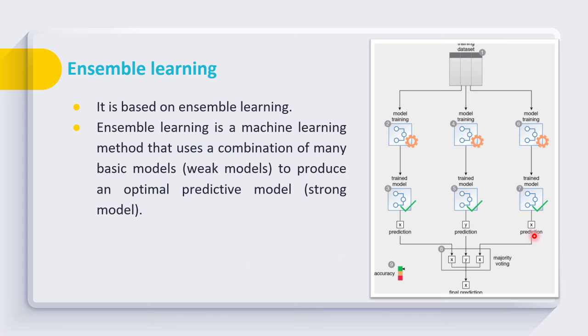Model 1 and model 3 are predicting X, while model 2 is predicting Y, and the final class predicted by our ensembler will be X in this case. So this process helps us to create a strong model out of many weak models. Here we are aggregating the results of various weak models to create a strong model, and this type of learning is called ensemble learning.